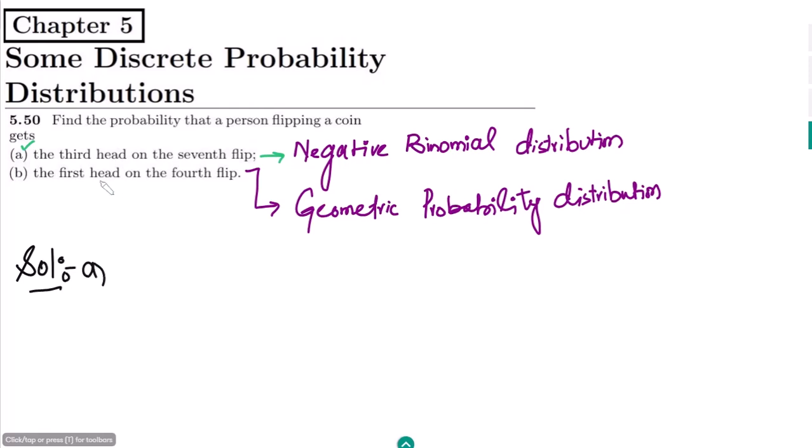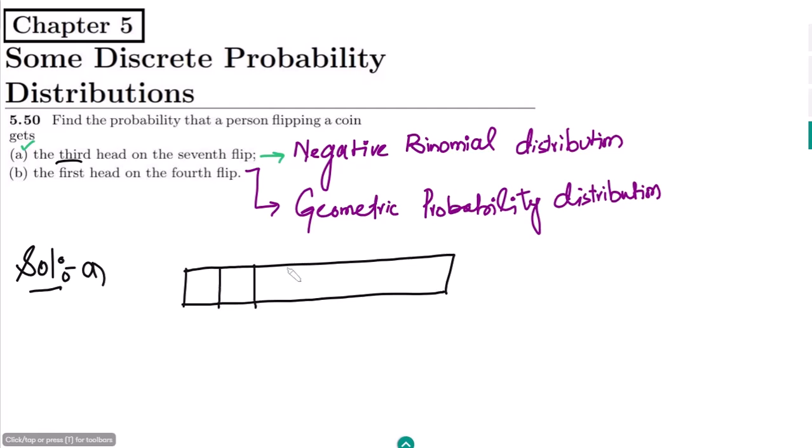In part A, the third head on the seventh flip means the coin has been flipped 7 times, and on the 7th flip he has got the third head. Let me illustrate it with the help of this diagram. It has 1, 2, 3, 4, 5, 6 and 7 slots.